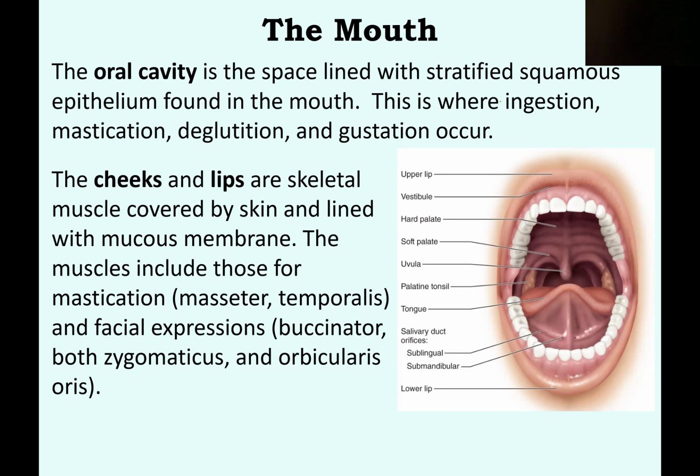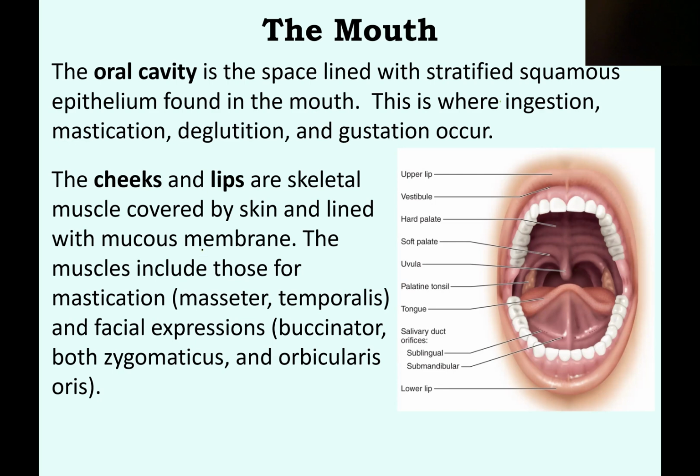These form the wall of the mouth. We've had the muscles in the muscle chapter. So the muscles for mastication include masseter and temporalis. There's also a digastric muscle that wasn't on our list.